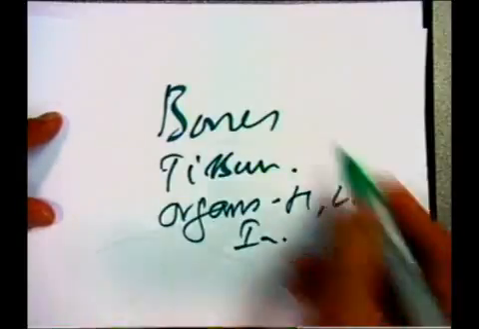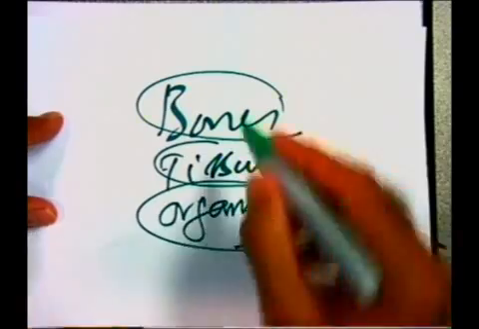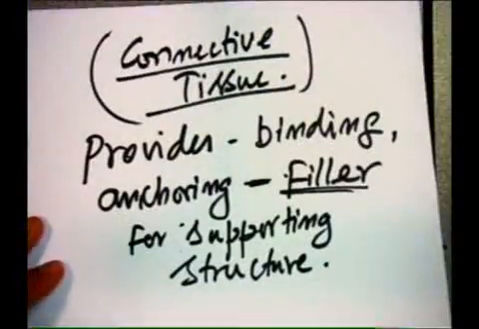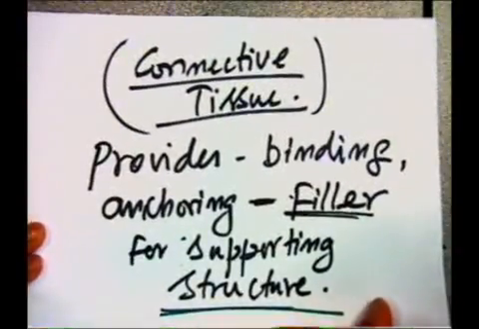The arrangement is quite fascinating. All of them are connected to keep them in a safe situation. That is mainly the filler and supporting structure. That is the purpose of this connective tissue.